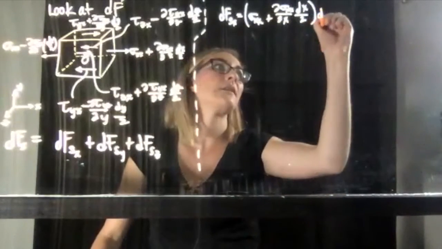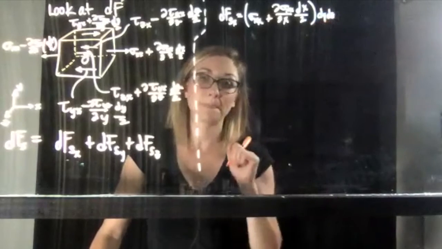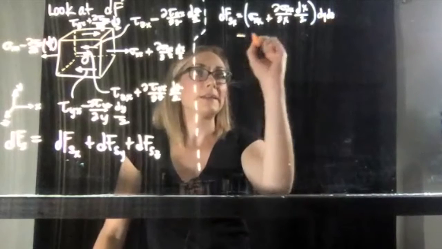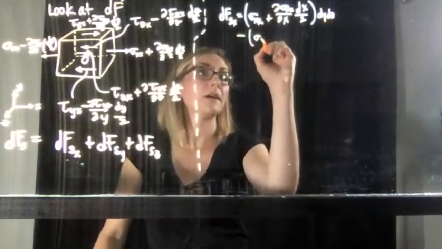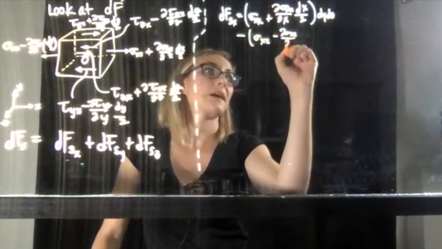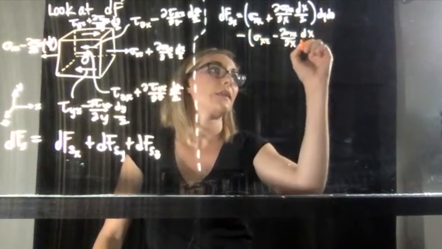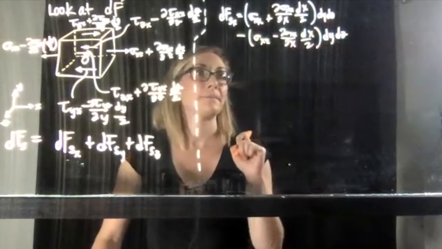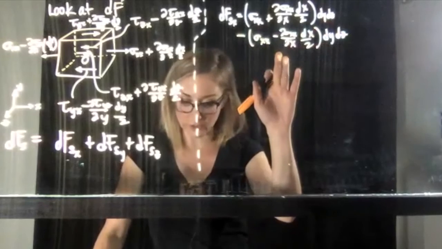So we've got dy dz, yeah? And then we're going to have minus sigma xx minus partial sigma xx dx, and then dx over 2, again by the area. All right, so these are our normal stresses.